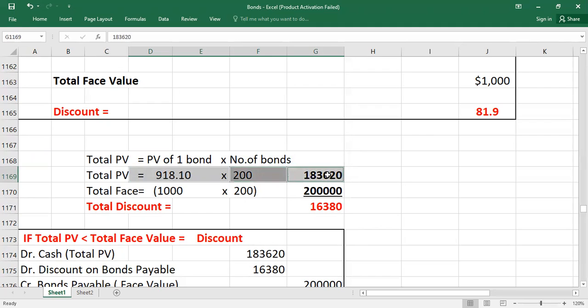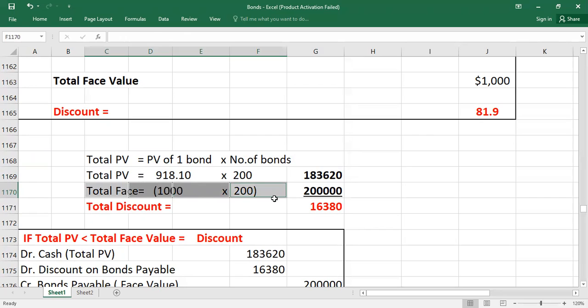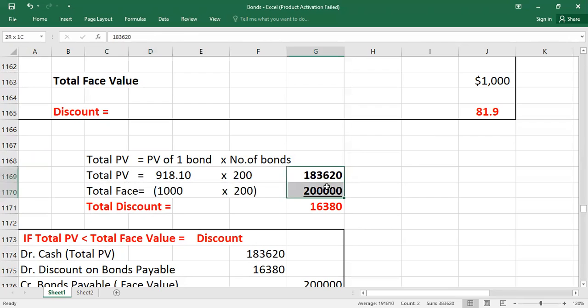This is the total present value of bonds. Then you have the total face value. How can I calculate the face value? The face value of one bond, which is 1000, times the number of bonds, which is 200. It will give me the total face value. So the difference between the total present value and the total face value is the total discount. Okay, this is the amount of total discount.